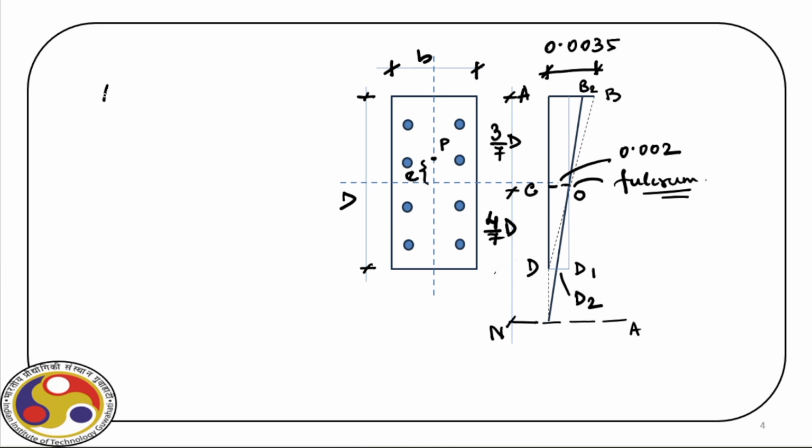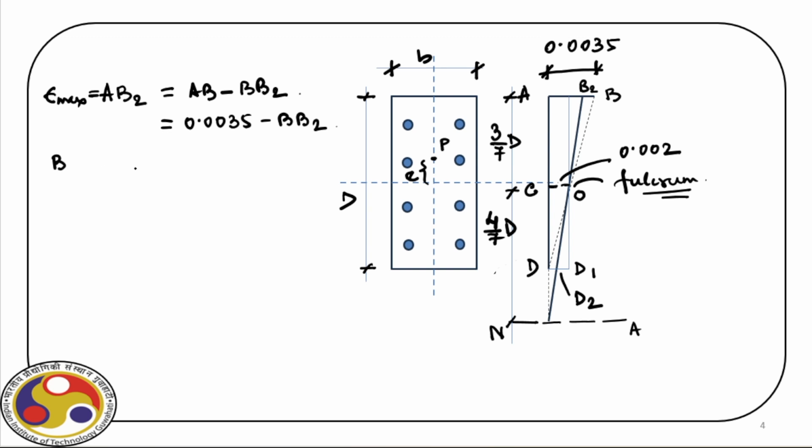So AB, or epsilon max, is equal to AB2, which is nothing but AB minus BB2. So what we get is 0.0035 minus BB2.